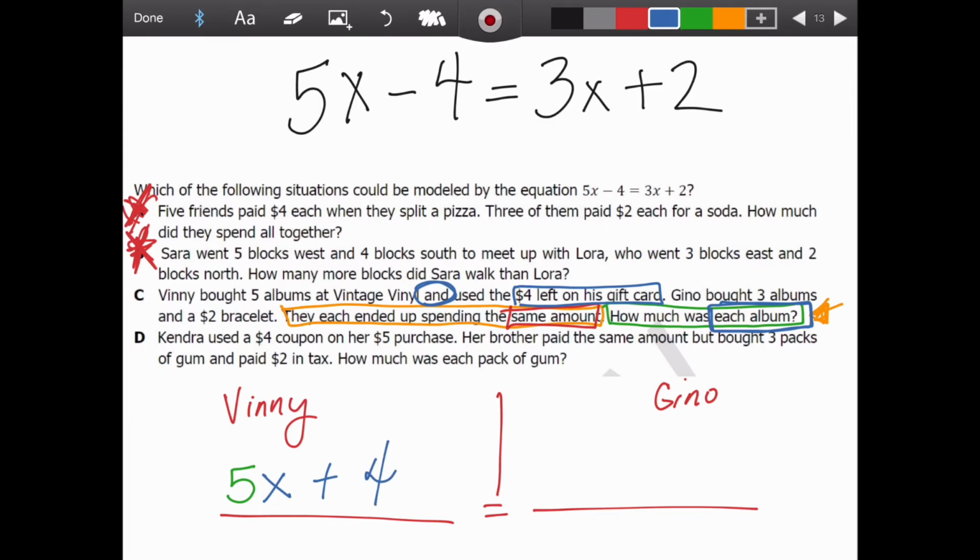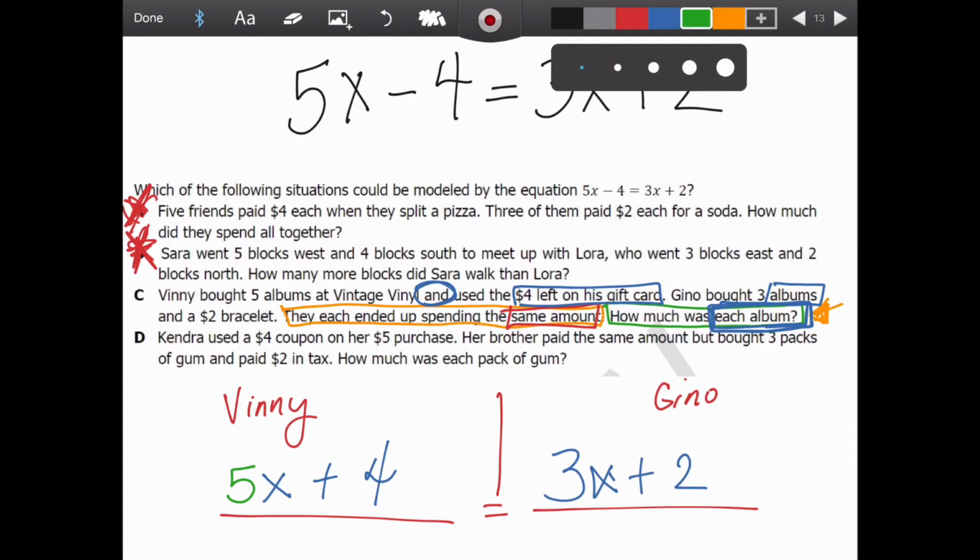Okay, let's look at Gino. It says Gino bought 3 albums. All right, so here's Gino. He bought 3 albums. But again, since he bought these albums, we don't know how much each album was, so that's our variable. And a $2 bracelet. All right, well, plus $2. Okay, now we have our equation, but let's look back at the original one. What were we supposed to be matching it to?